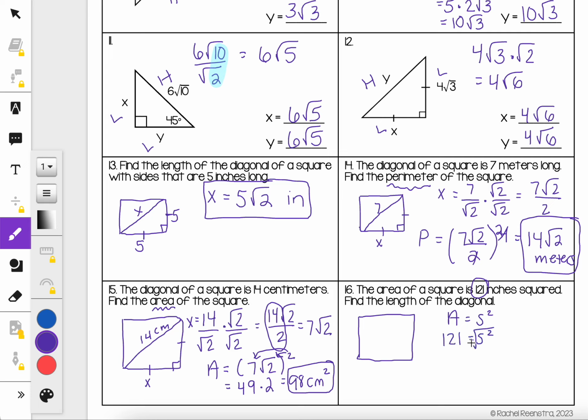So I know my side has to be 11 inches. So if my side is 11 inches, I want to find the length of my diagonal. I am given the leg. I want to find my hypotenuse, and that is going to be 11 times the square root of 2 inches long.